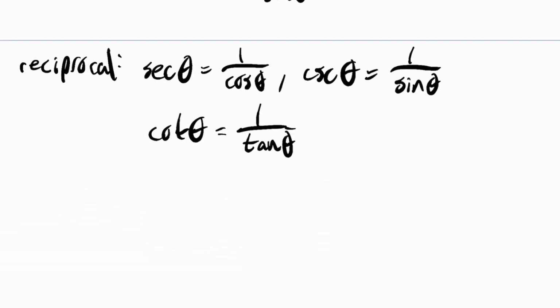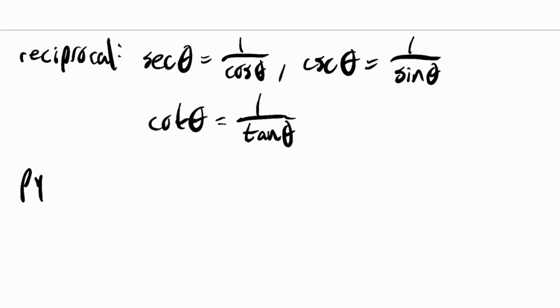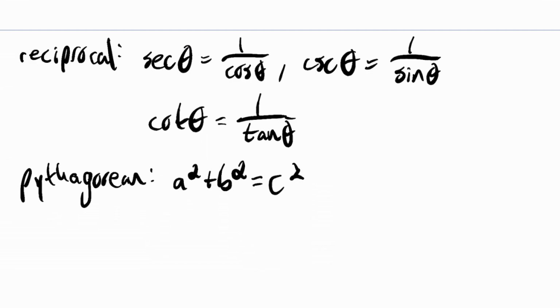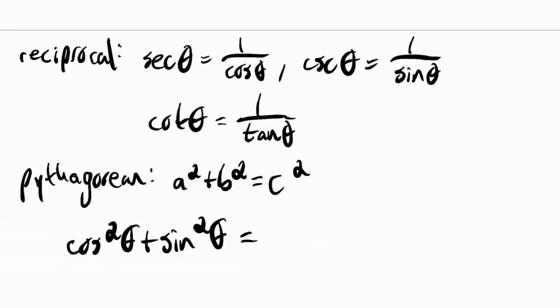Next, we have the Pythagorean identities. These basically come from the Pythagorean theorem, a squared plus b squared equals c squared, which is why they're called that. The first one is cosine squared theta plus sine squared theta equals 1.